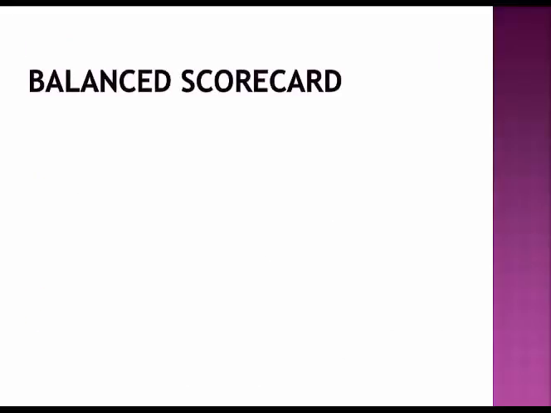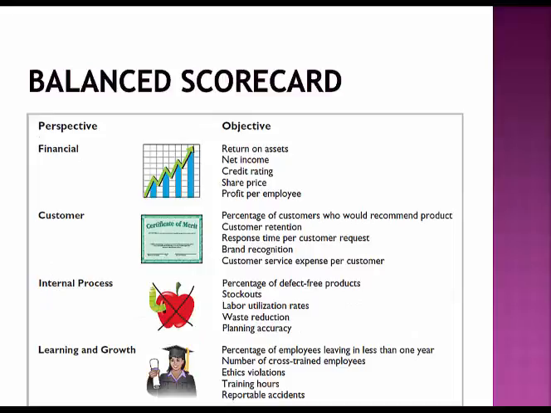I did want to bring in here the fact that a lot of what we're talking about in this particular chapter is relative to the use of the balanced scorecard, which we will talk about more in one of our future chapters, but I want you guys to just take a peek here at the fact that the internal process portion of the balanced scorecard talks a lot about some of the things that we have seen.